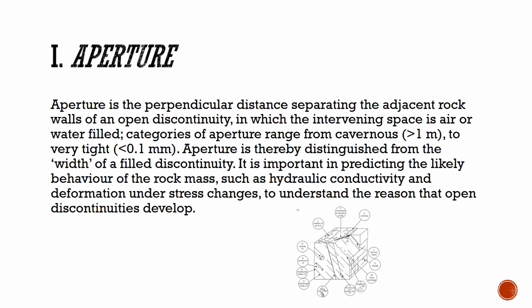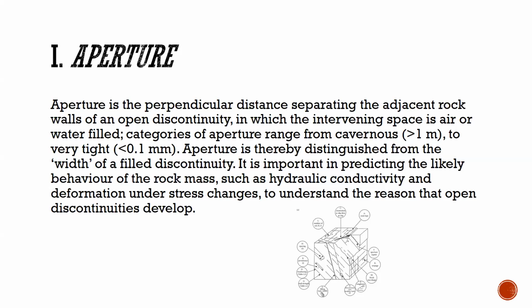Now the aperture. We have already discussed that there is a possibility that in between two joint sets, there is some gap. The gap is basically this aperture. If the aperture is very tight, less than 0.1 mm, then we should not consider that there is a possibility of any infilling. We will not consider it. But if it is higher than that, then there is a possibility of intrusion of infilling material.